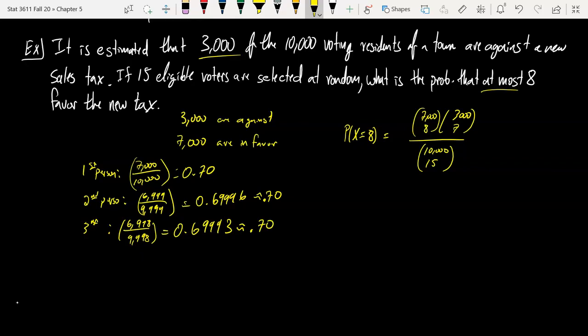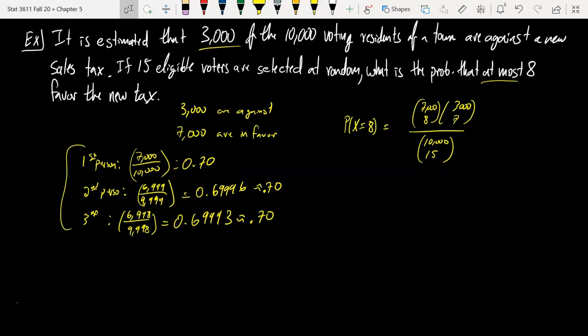Okay, so in this case, when the sample size that you're picking is extremely small relative to the total population size, you can almost treat our probability as constant. All right, so we're going to go ahead and answer this question and approximate it with a binomial distribution.